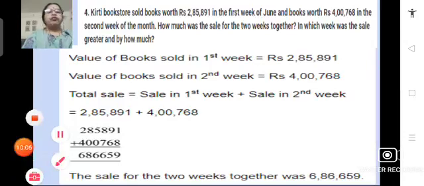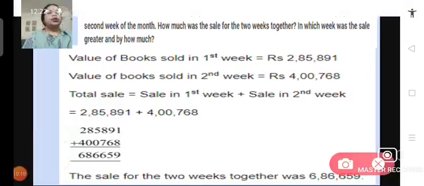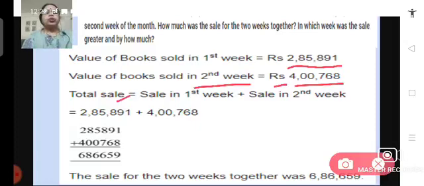So the value of books sold in the first week is equal to 2,85,891, and the value of books sold in the second week is equal to rupees 4,07,68. So what will be the total sale?